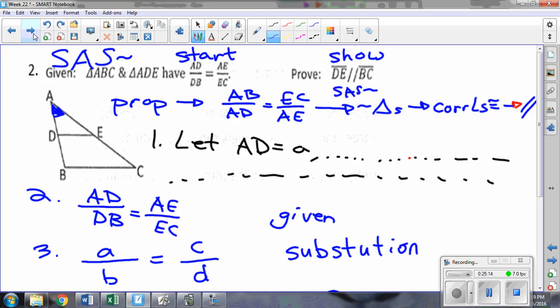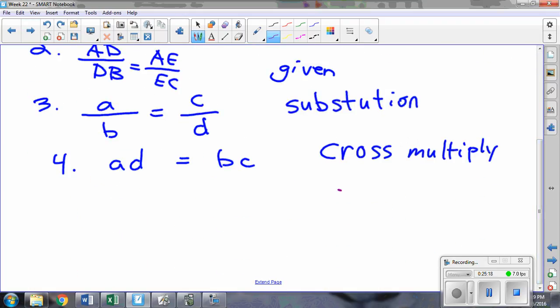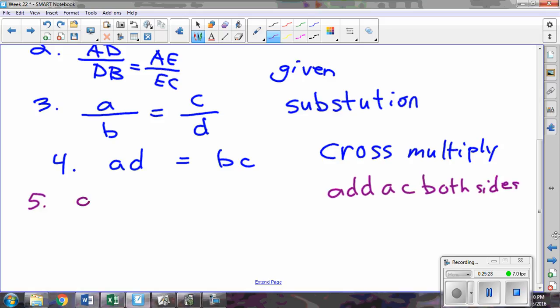We'll add. So coming to this one now, instead of subtracting AC, we'll add AC to both sides, which will give us AC plus AD equals AC plus BC.